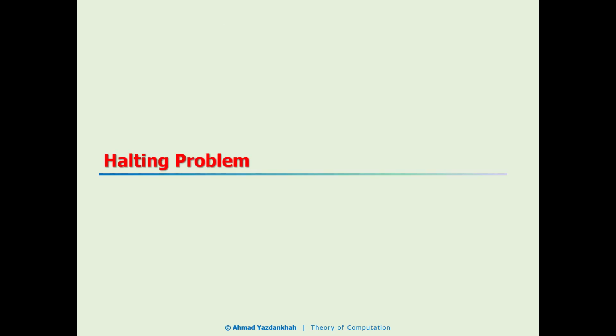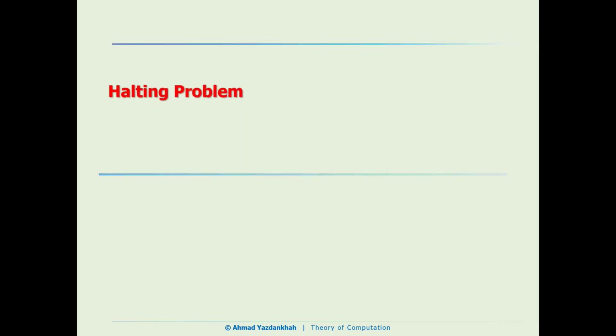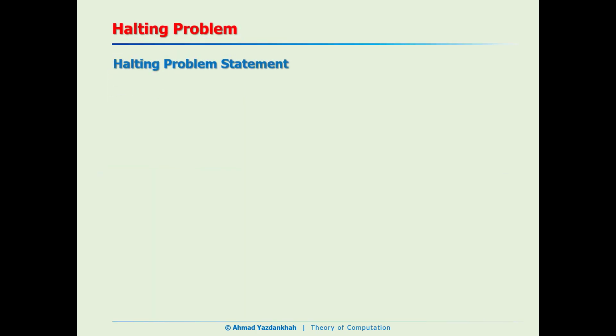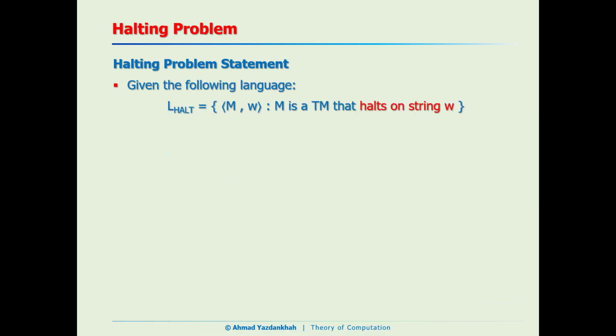I think we are warm enough to talk about the halting problem. Okay, so what is the halting problem statement? We have a language, let's call it L halt. We are already familiar with the meaning of this. It is the encoded version of a Turing machine M and a string.